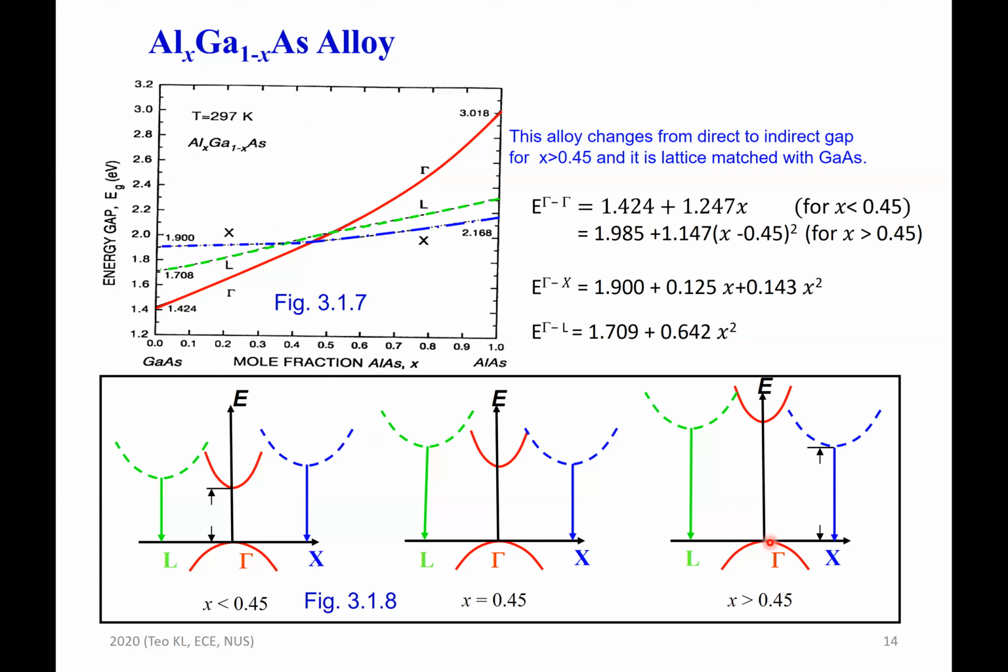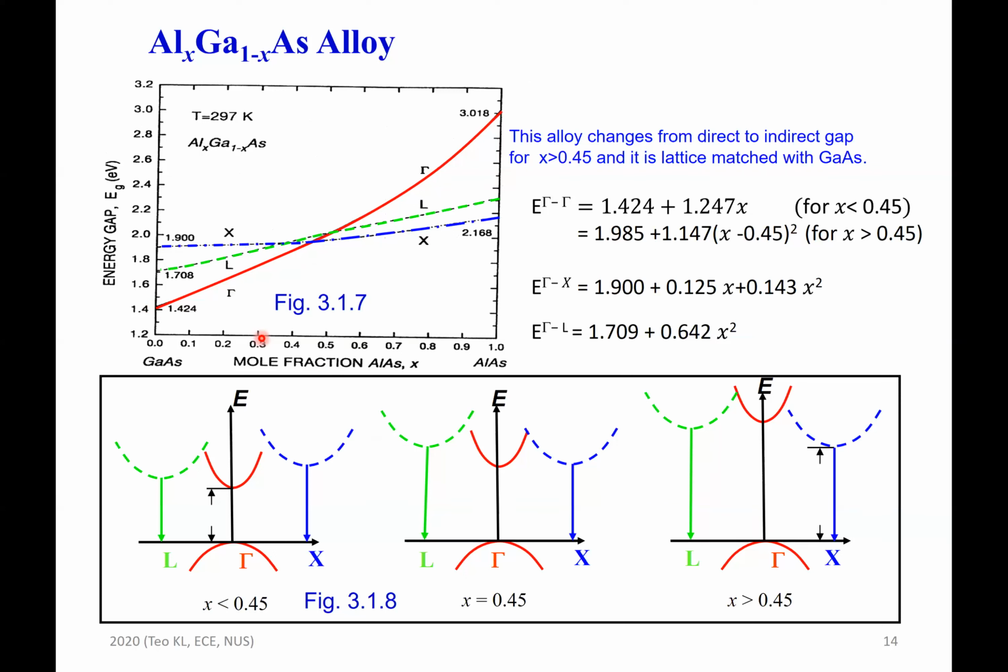So for a light emitting diode, if you want to use aluminum gallium arsenide, you will wish to use a composition below x of 0.5. Within this part, it will be a direct band gap semiconductor. You can see that gallium arsenide at 1.424 eV is in the infrared wavelength.